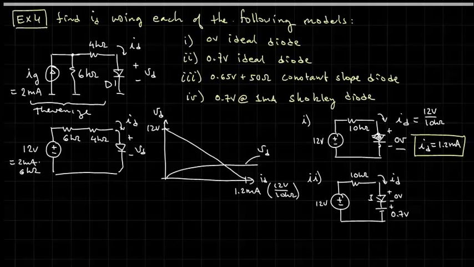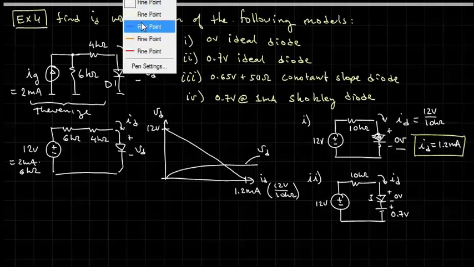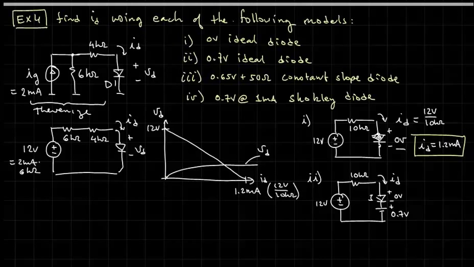For the second case, we've inserted a 0.7 volt drop because it's a 0.7 volt ideal diode, so it would have the diode, let me draw the diode curve here. It would be like so. 0.7 volts. Okay, and might as well point out the first one is going to be like this.